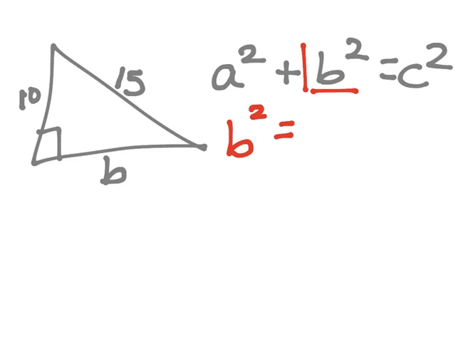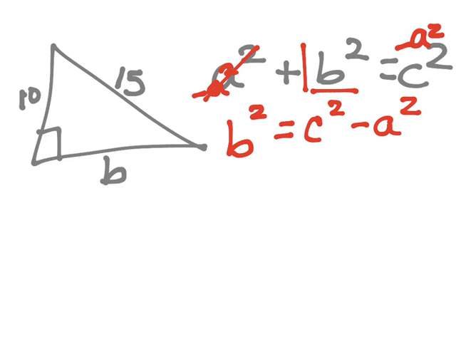So we want to move the a squared. We would subtract a squared from both sides. Those would cancel out, and I'd be left with c squared minus a squared. So it doesn't matter whether it's a or b, you're still subtracting that one side from the hypotenuse.